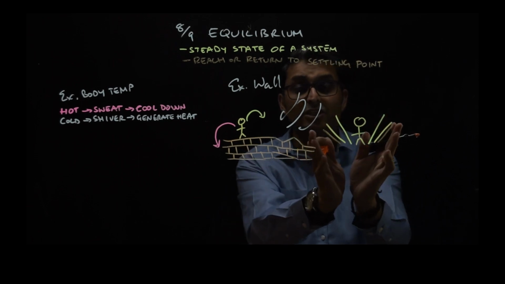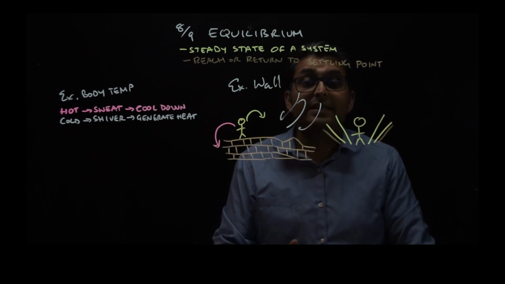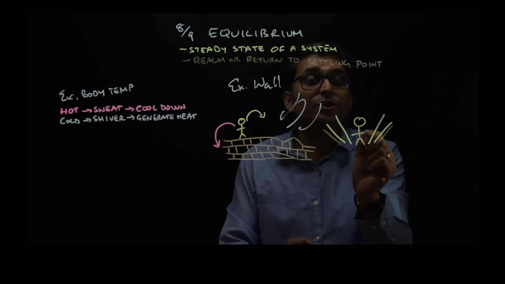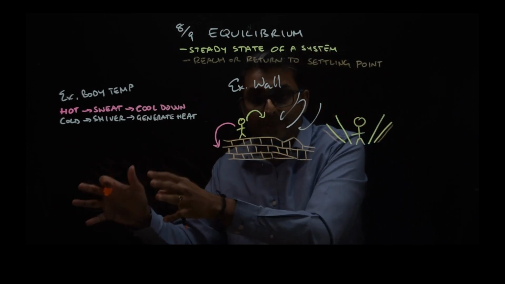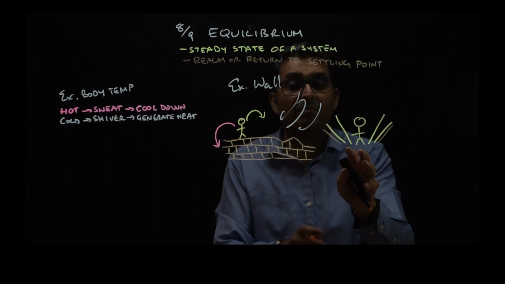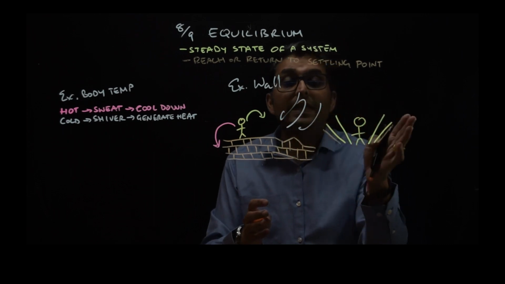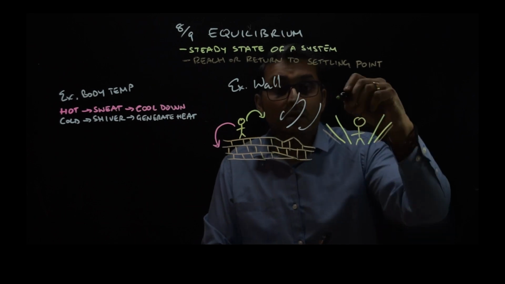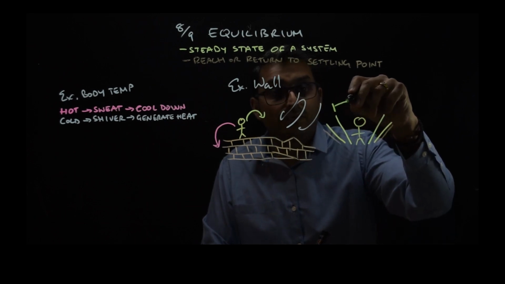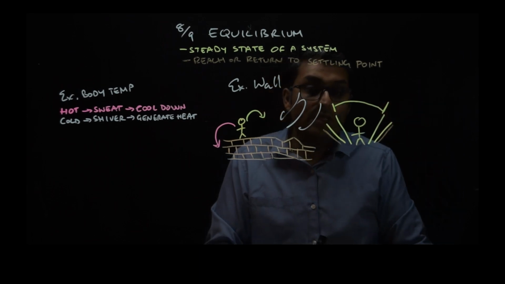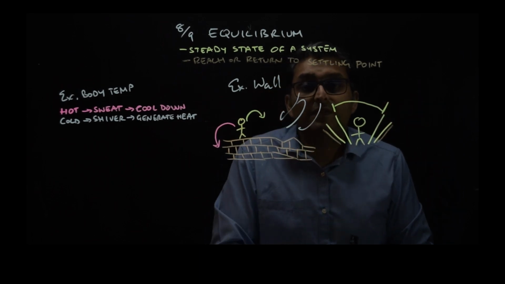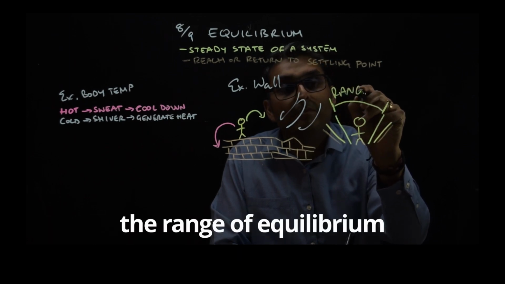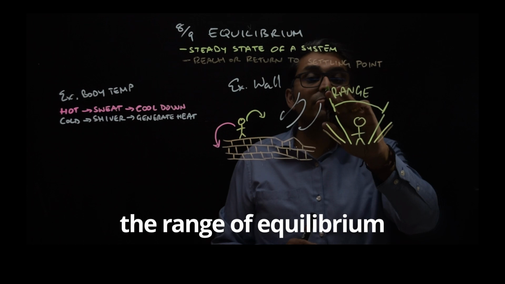And in this situation, I will be in disequilibrium. It's not that if I lean even a minute amount, I will fall. There are cases where that could happen. But let's say for the sake of this example, there is a degree of leaning I can do before I feel imbalanced, which is sort of here. And this degree of leaning is the range of equilibrium. I'm just going to call it range. But that's the range of equilibrium.